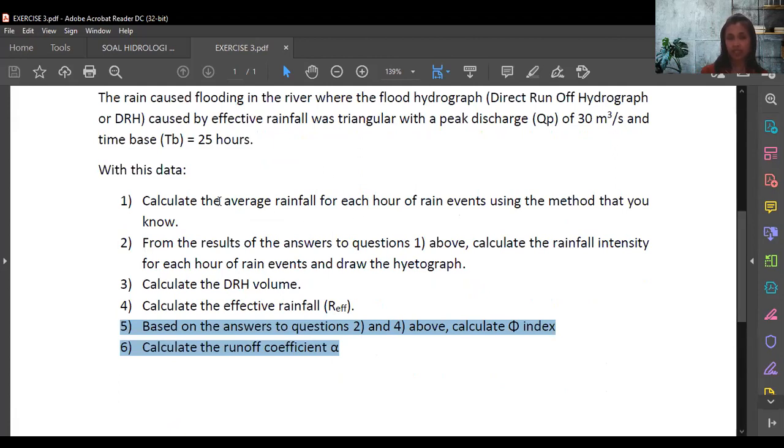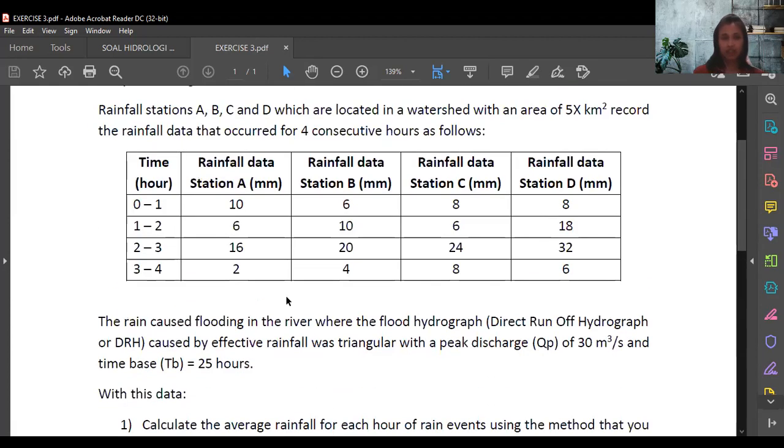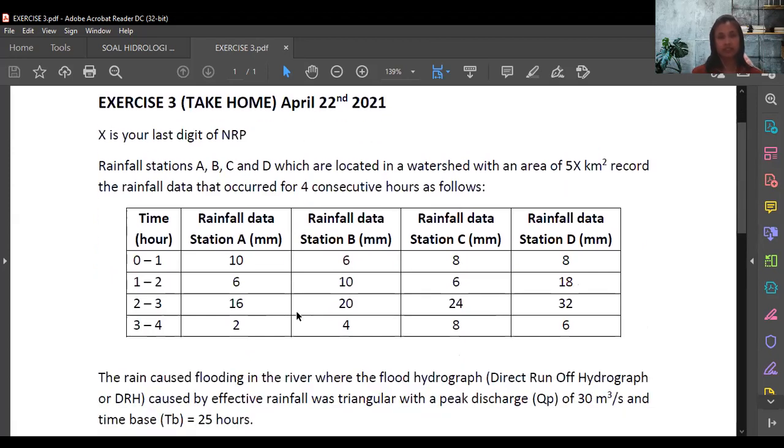For example, here you have to calculate the average rainfall, and then you have to calculate the volume of the hydrograph, not only regarding these two things which we talked about in the infiltration module. Yeah, so that's all for exercise 3.